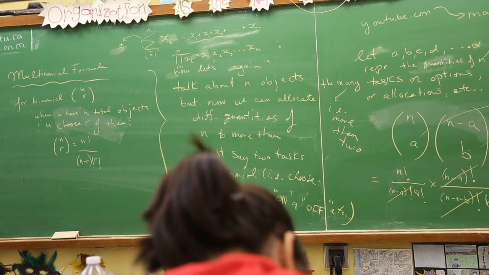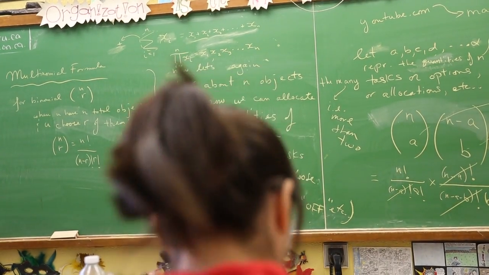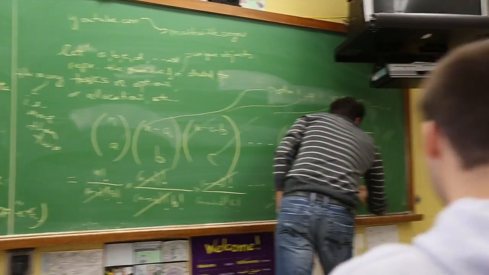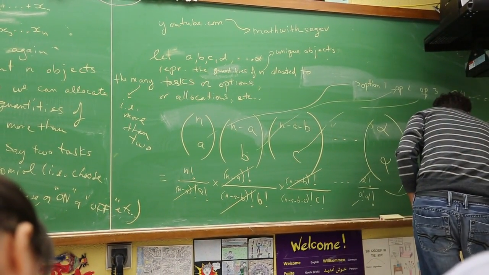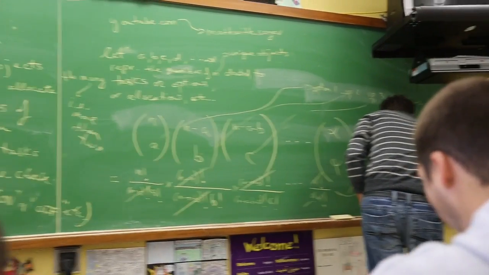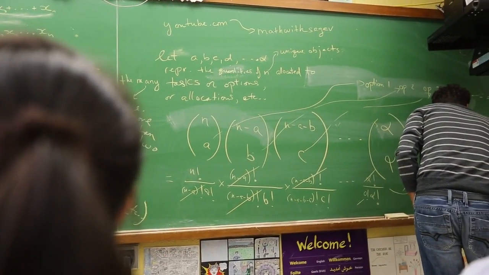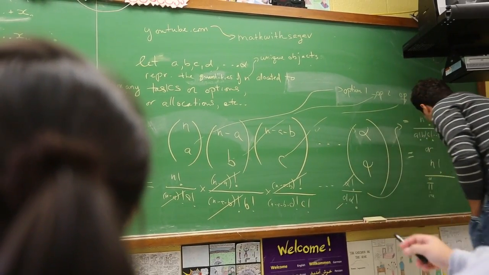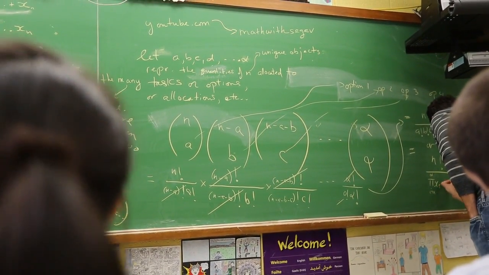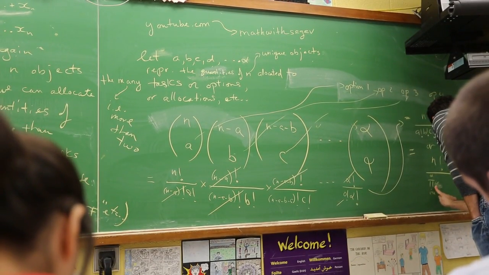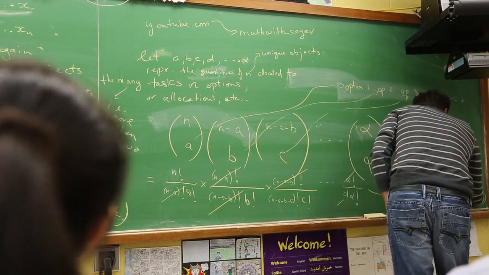We could leave this like this, or we could write it as n factorial over the product from i equals a to alpha of x sub i factorial.